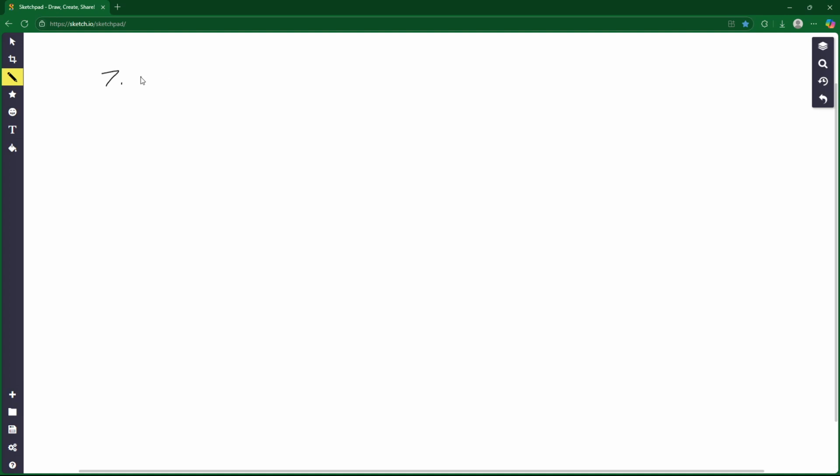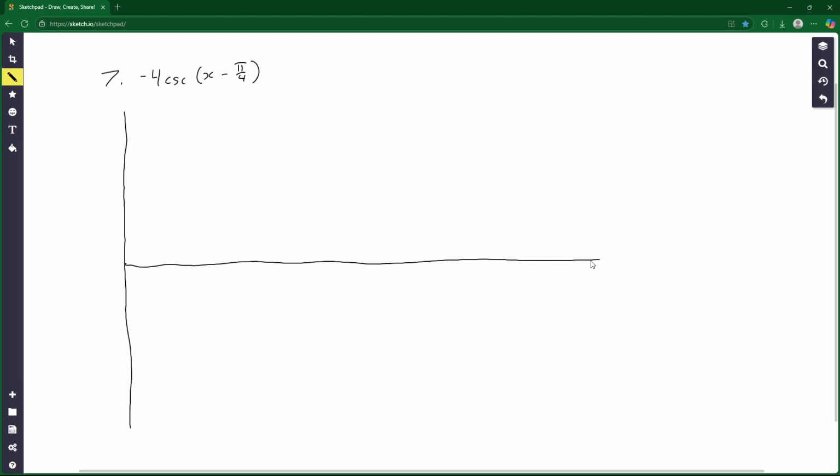For number 7, we are given -4 cosecant of x minus pi over 4. We are asked to graph it, so let's go ahead and put down our graph. A is going to equal -4.